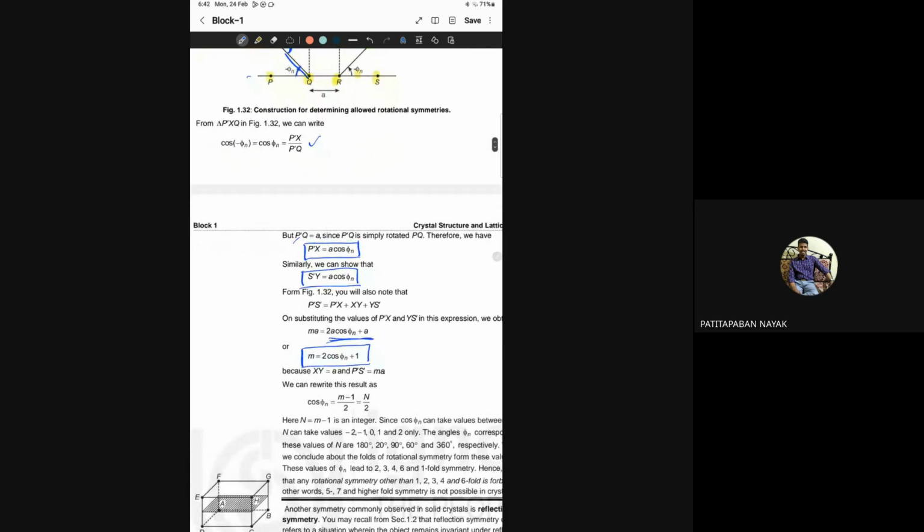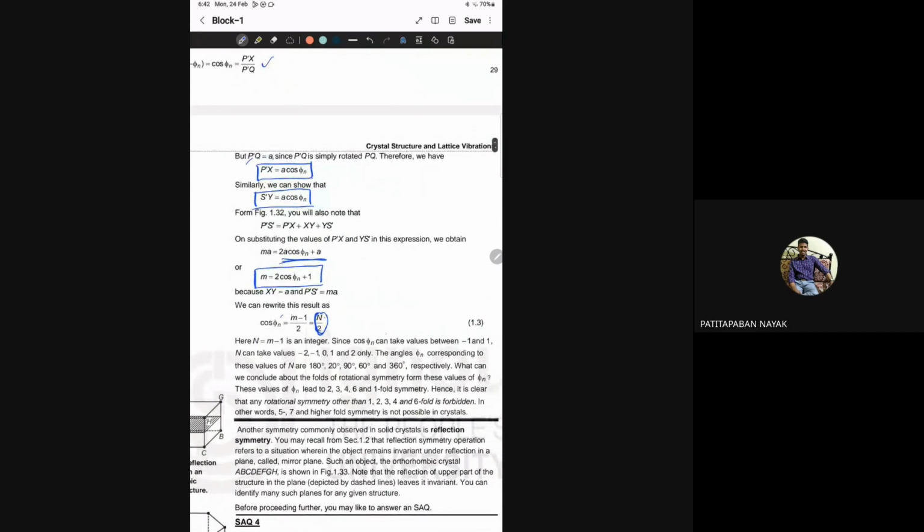Alright. From this, we can calculate what is cos phi n. Cos phi n will be equal to m minus 1 by 2. But what is m? M is an integer. So if we denote m minus 1 to be capital N, this will just be N by 2.